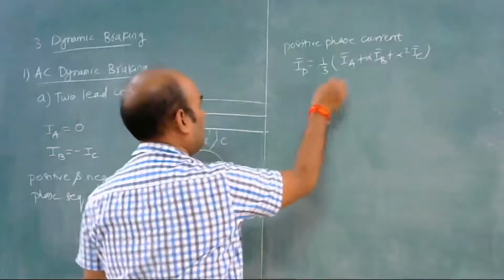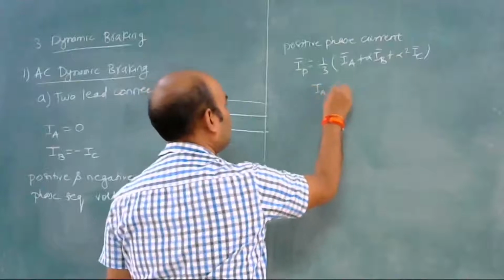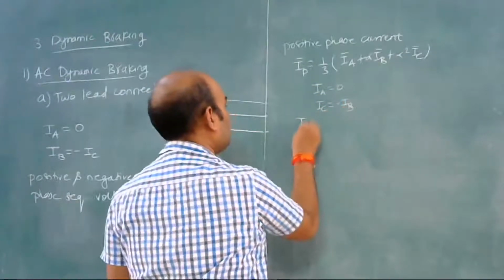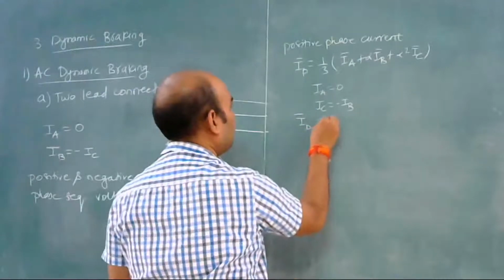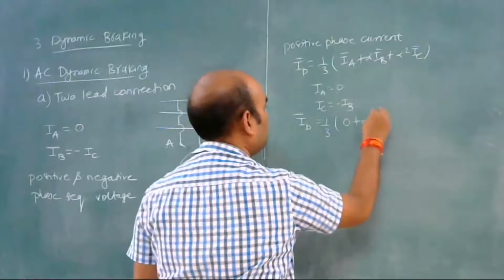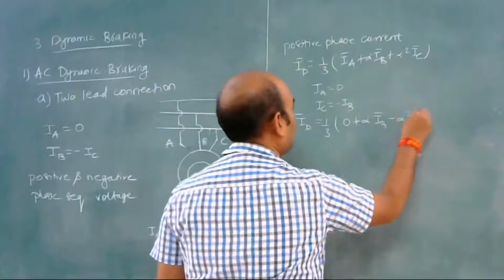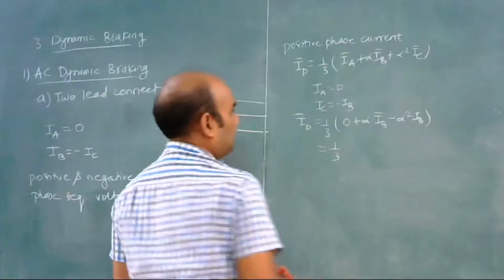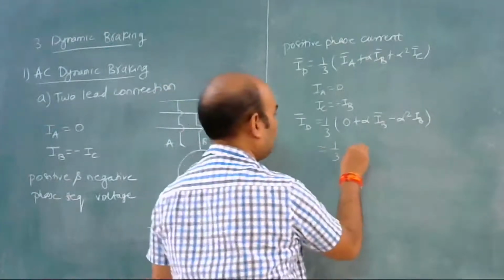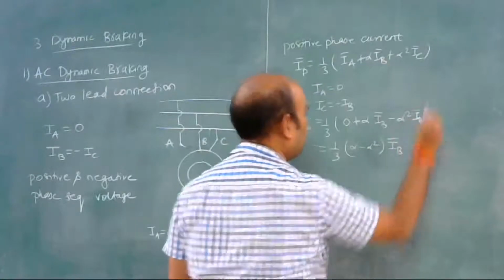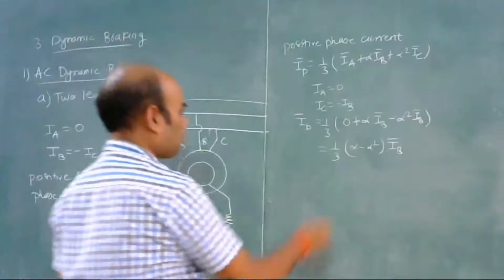Here IA is equal to 0 and IC is equal to minus IB. So the positive phase current will be equal to 1 upon 3 (0 plus alpha IB minus alpha square IB). This is 1 by 3 (alpha minus alpha square) into IB.